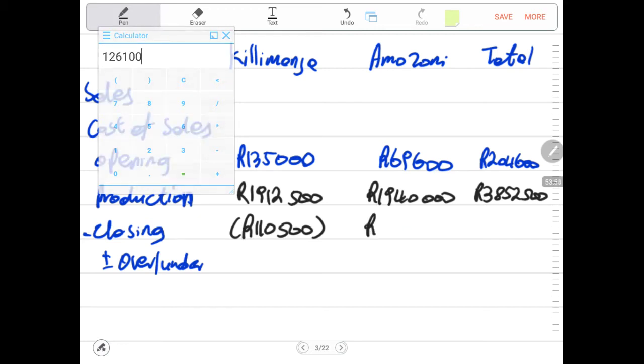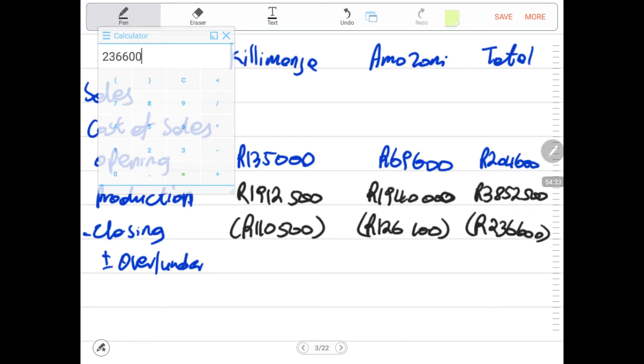We get an amount of 126,100. 110,500. We add the two, it gives us a total of 236,600.